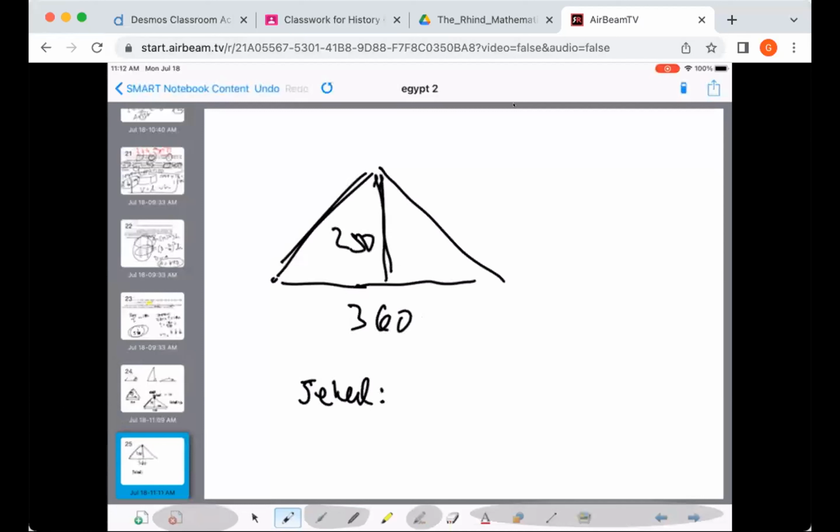So what you do is divide the 360 by 2 to get 180. And we say to ourselves, okay, this 180, what would it be if the 250 were a 7? So you could do a proportion. I'll go 180.